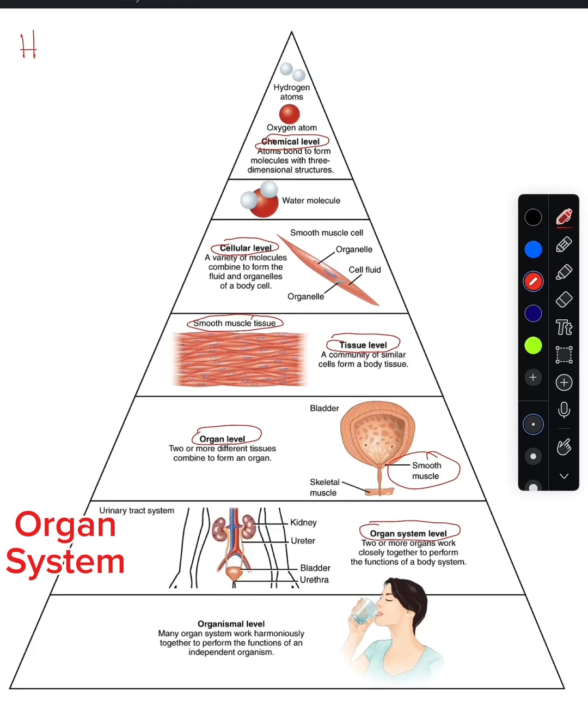So using the example of the urinary bladder, along with the kidneys, the ureters, and the urethra, those organs form the organ system, the urinary system. The urinary system performs the vital life function of excretion. It gets rid of metabolic waste. So that's the organ system level. In chapters 5 through 15, we're going to be talking about various organ systems.